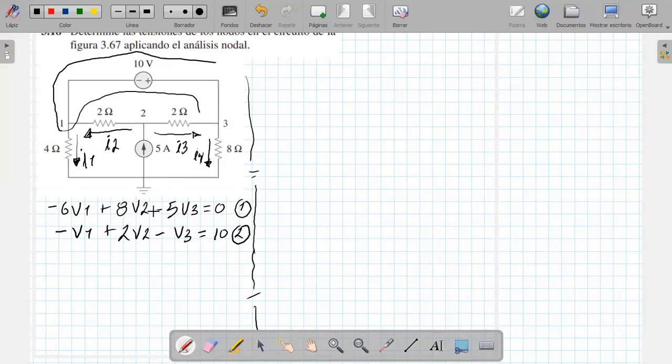To solve this system we need another equation. Applying the principle of the voltage law, I have to look at this super node and make a loop analysis. I know that between point 1 and ground there exists the voltage that is V1, and between this point and this point, this is the voltage V3.